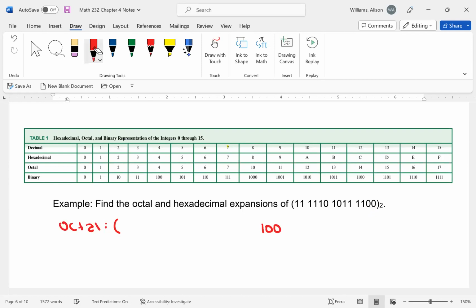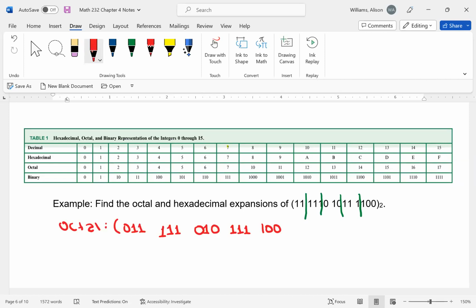I'm basically going to break this up into threes. So there's the 100. The next three numbers are 111. The next three numbers are 010. The next three numbers are 111. And then the next group is 11, but because I want to think of it as three digits, I'll put 011. Why not?